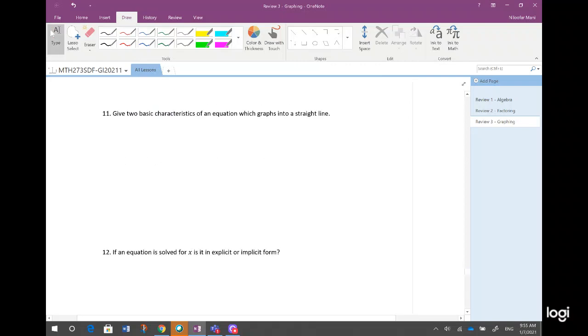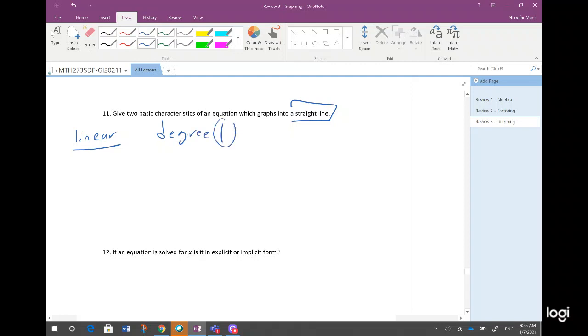So it says give two basic characteristics of an equation which graphs into a straight line. The first characteristic that I can talk about when I say a straight line is that it is linear. Linear means degree is 1.